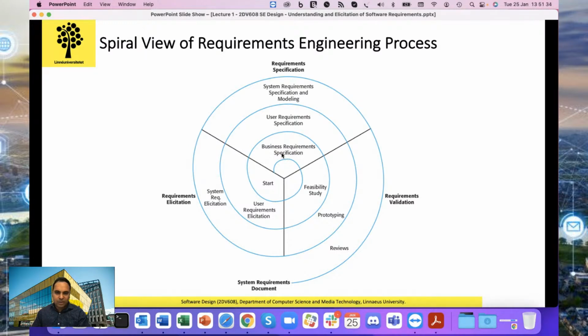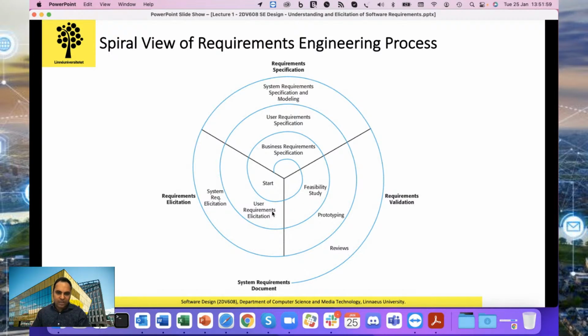And once you are done with this business requirements specification, so we are in the specification phase now, we need to validate those business requirements. So we are doing the feasibility study. That means we will check if those business goals are feasible or possible or not. If they are feasible, we go back and continue.